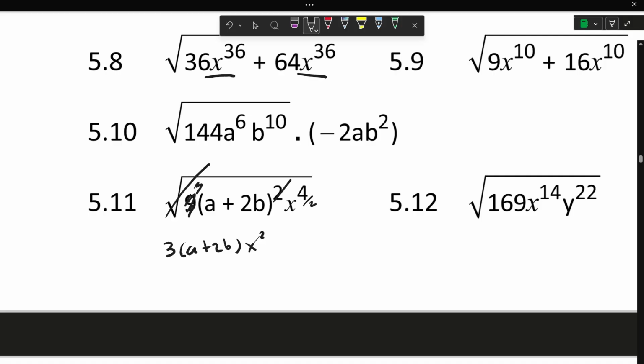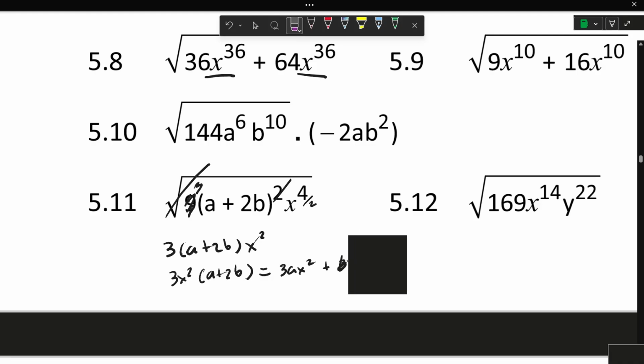And then we're going to say 3x squared a plus 2b to make our life simpler, and that's going to be 3ax squared plus 3. Oh, wait, 6, because it's got a 2 in front there, guys. Be careful. And it's going to be 6x squared b.